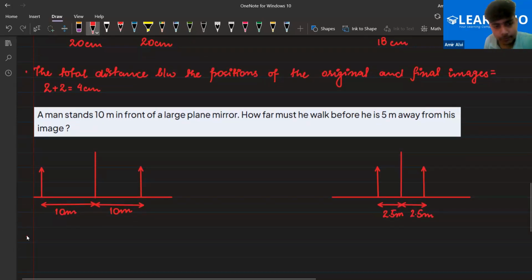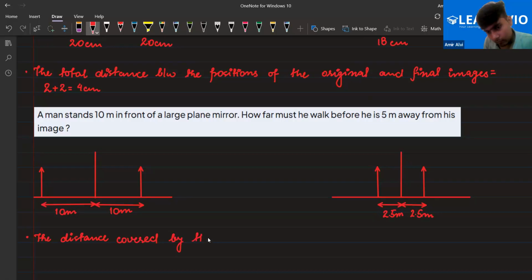Distance covered by the man should be... is that clear? Yes, sir. Okay, nice.